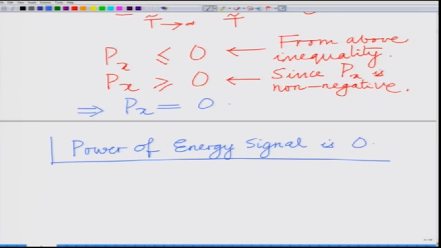So, we get our first principle, that is, if a signal x(t) is an energy signal, that is the energy E x is finite, then its power is 0.